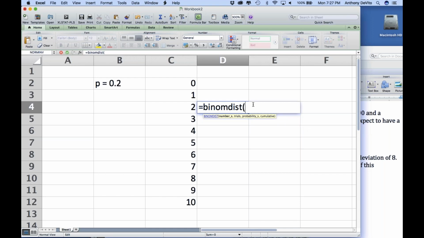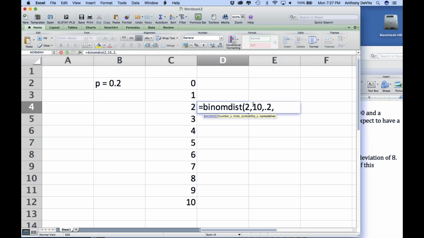So this time I'm going to fill this in. Number of successes is going to be, notice I put it next to the 2, the most likely outcome, 2, comma, number of trials is 10, comma, the probability of success is 0.2, comma, now cumulative. Well, what was the question I asked?